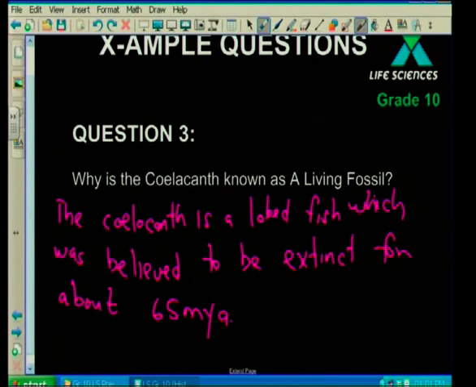So it means that although it existed about 350 million years ago, they thought it to be extinct about 65 million years ago.